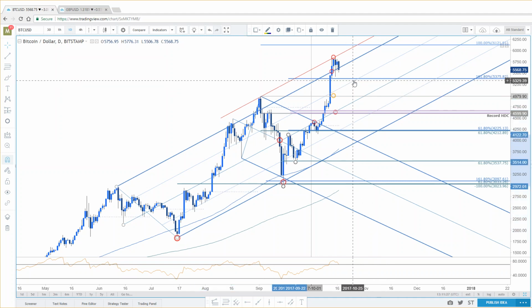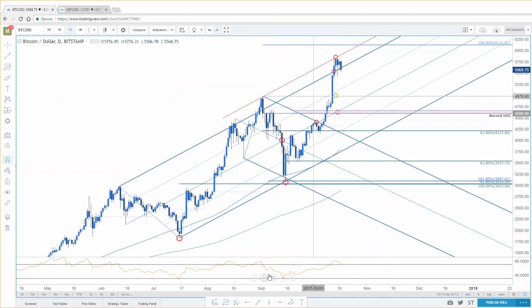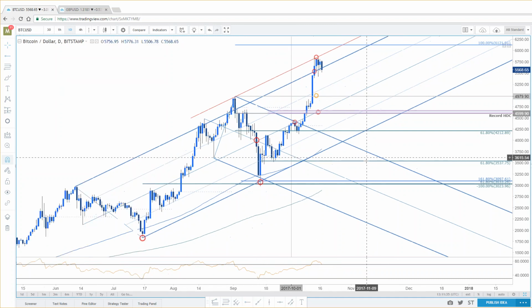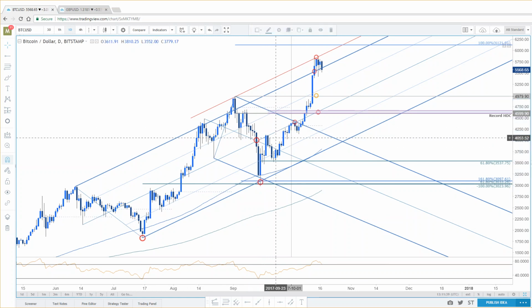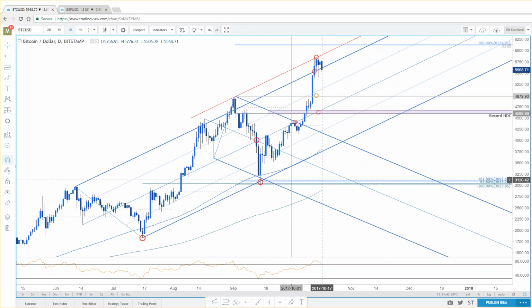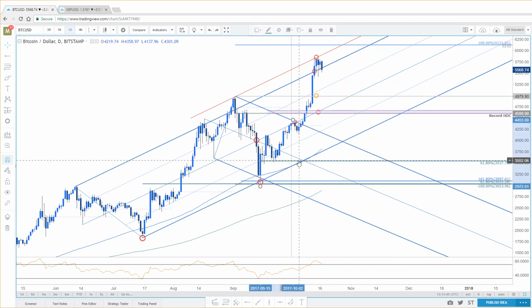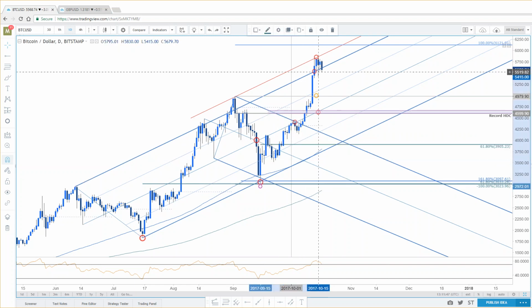So to clean this up a bit with the levels, don't need this retracement anymore. Null and void. This retracement, null and void. Oops, let me bring that back and just take this to the highs.